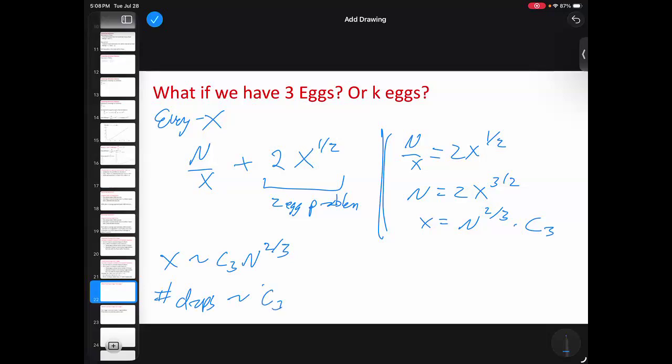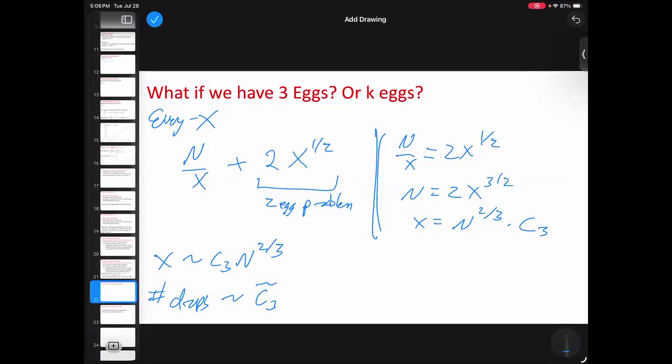We'll call it C3 tilde. N to the 1/3. Well, I'm combining the two terms, and I'll just call that some new constant. So all I care about is the n dependence. So if I take x to be of size n to the 2/3, each term is going to be of size n to the 1/3.